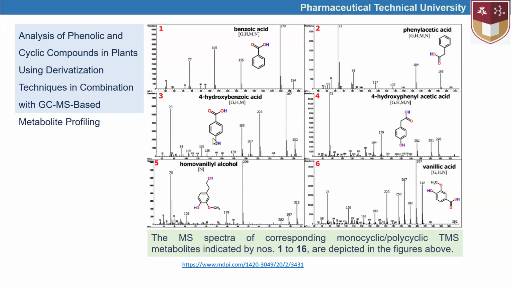Or we can find molecular masses like 73, 91, 126, 193, 207, 223, 267, or 282. So we can conclude that these molecular masses belong to 4-hydroxybenzoic acid.